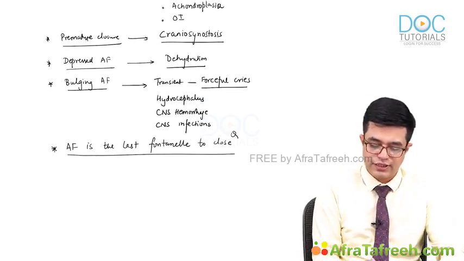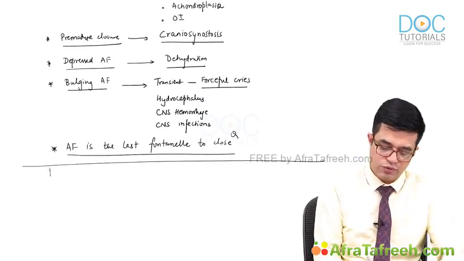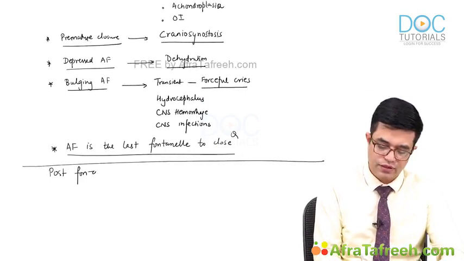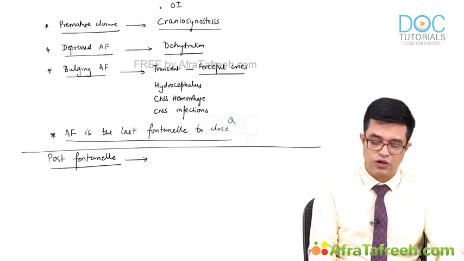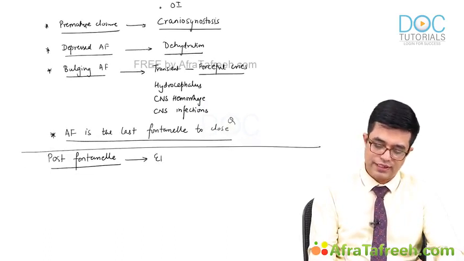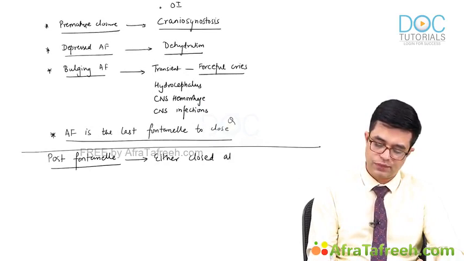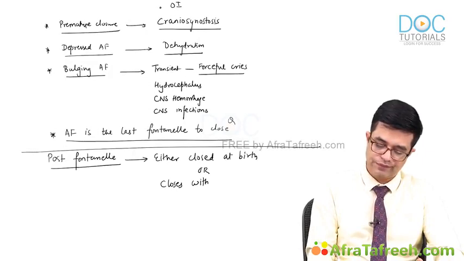So this was regarding the anterior fontanelle. Regarding the posterior fontanelle, there is only one thing that you need to remember. What is the normal closure time? It is either closed at birth or closes within 2 months of birth.